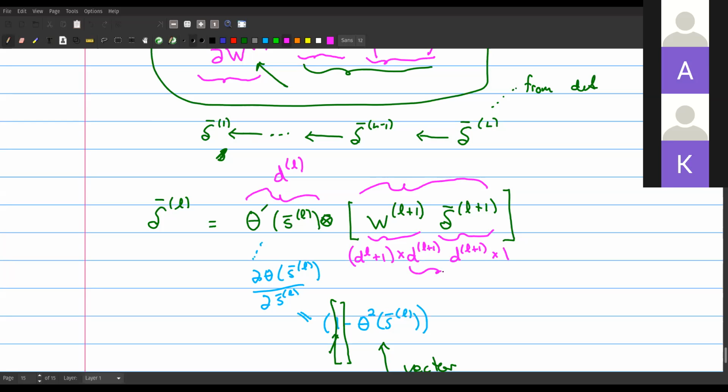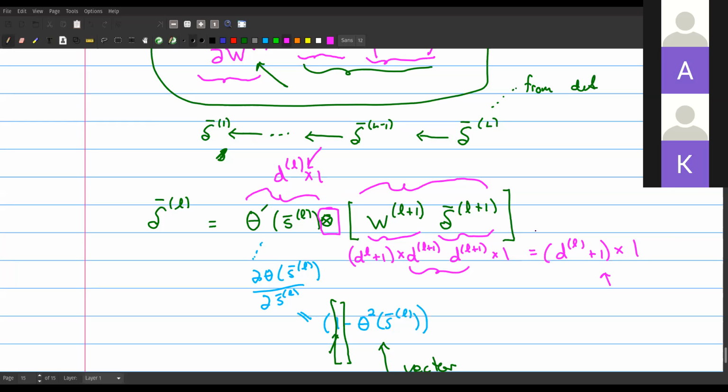So these match up, and the product will have the dimensions d L times 1. So this is not making a lot of sense yet, because the thing on the left is shorter than the thing on the right. You could also think of this as being times 1 here.